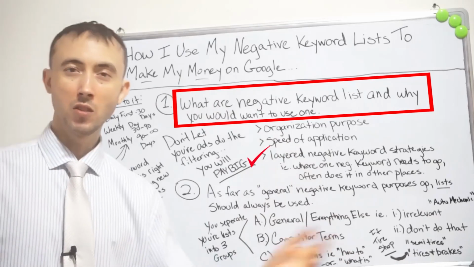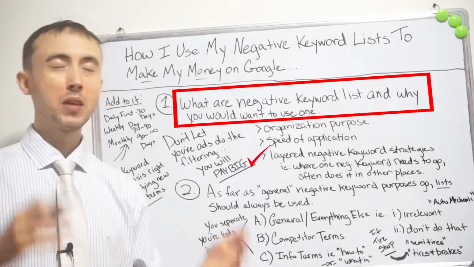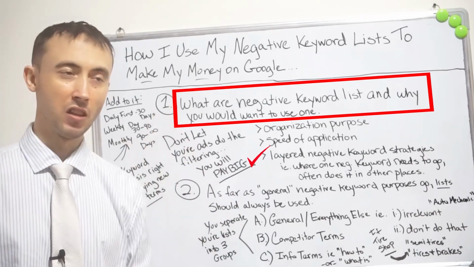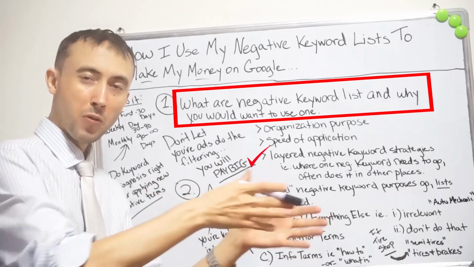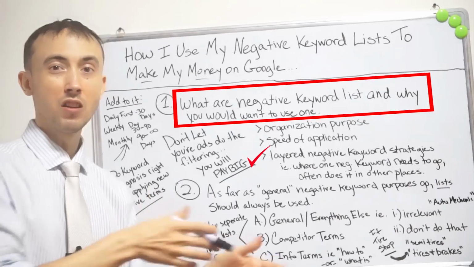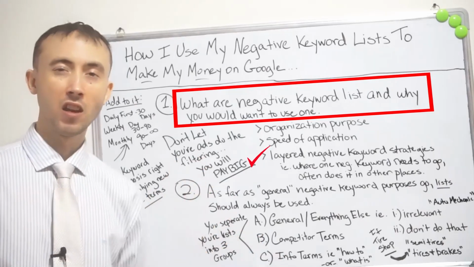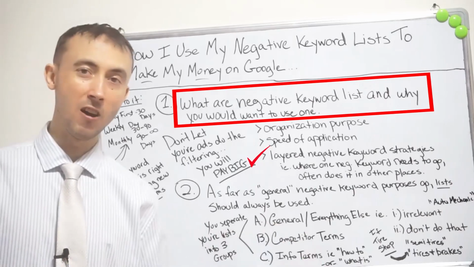Therefore, what's the point of a negative keyword? People are half asleep when they're searching. The more you rely on people actually thinking for you and doing your job for you, the more money you're going to lose. And there's a point where it's too inefficient, it just makes no money at all.